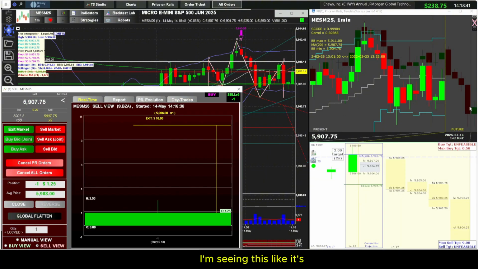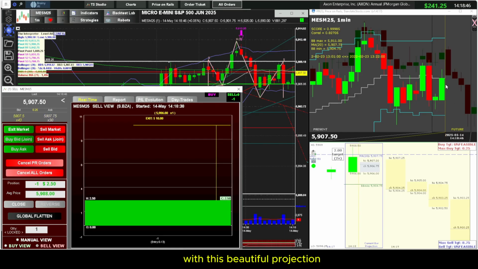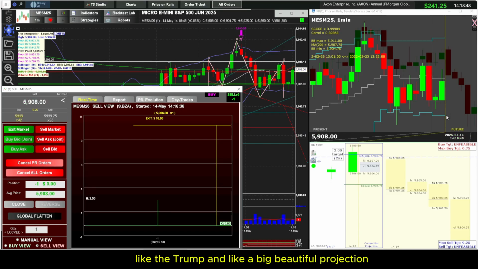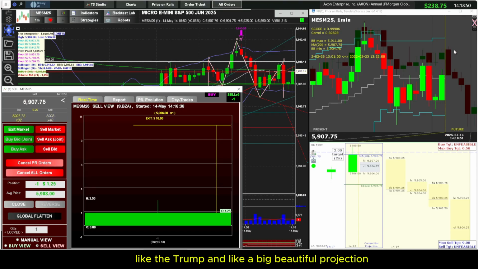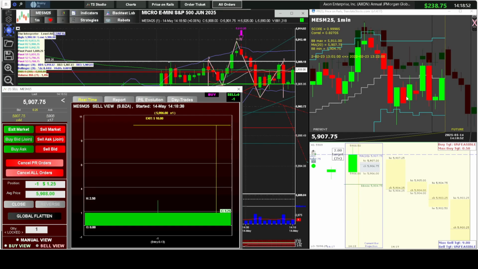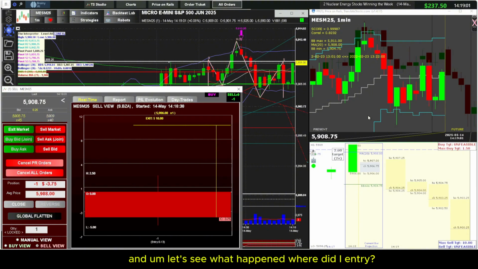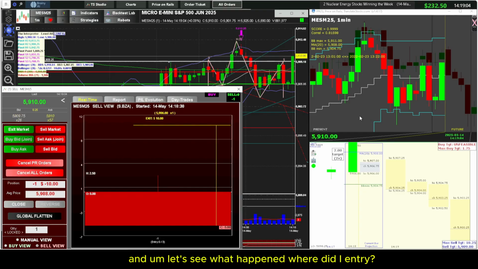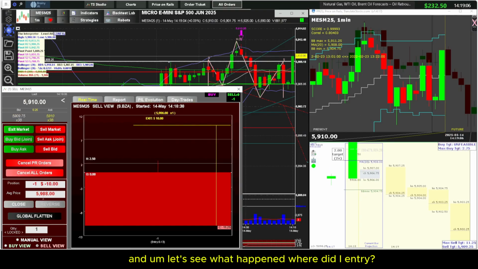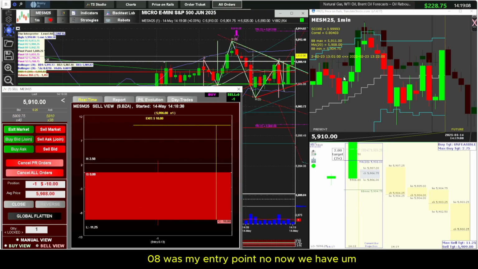I'm seeing this beautiful projection, like a big, beautiful projection. So I cannot help myself. I need to make this short movement. And let's see what happened. Where did I enter? 0.8 was my entry point.